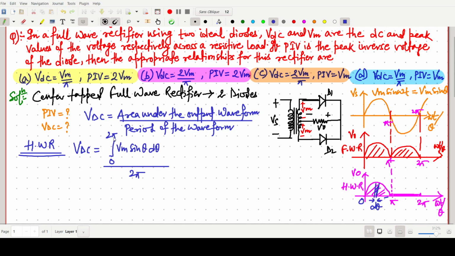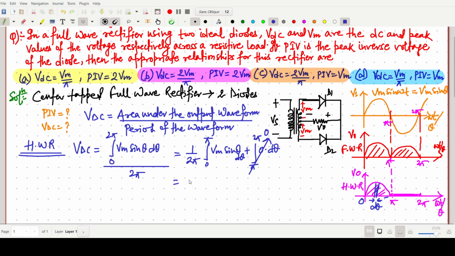This we can write as 1 by 2 pi, integral 0 to pi of Vm sin theta d theta, plus pi to 2 pi. In the pi to 2 pi range, it is 0, so we write 0 d theta there. So this integral will be 0.